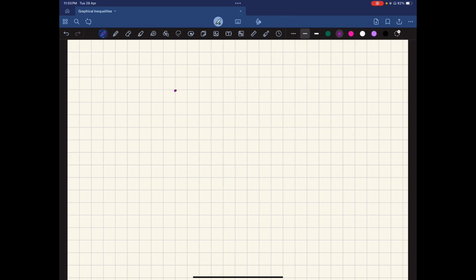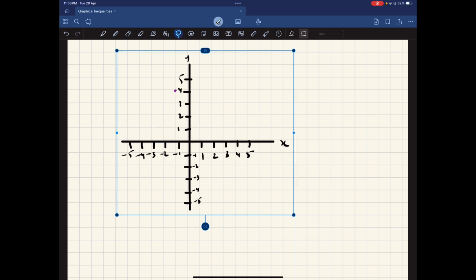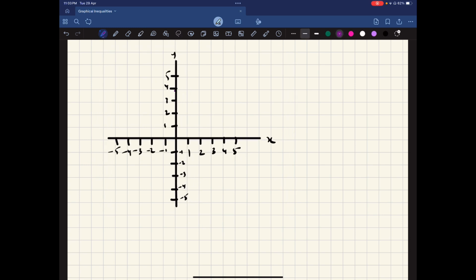So see, if you have this line and this line and this line, okay? Now, whatever the equation is, if it's y is less than whatever the equation is, we'll get to that in a bit.